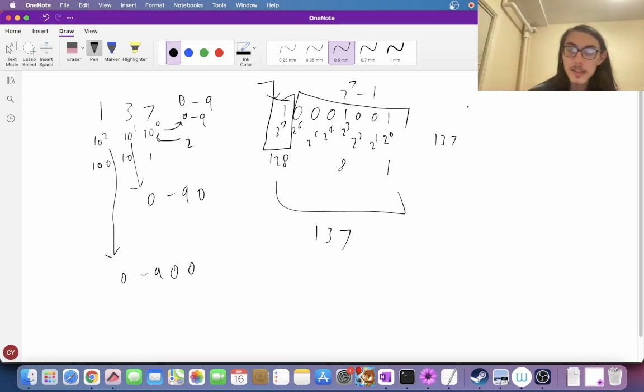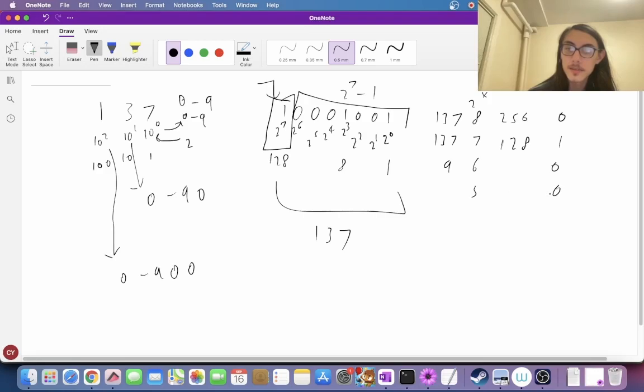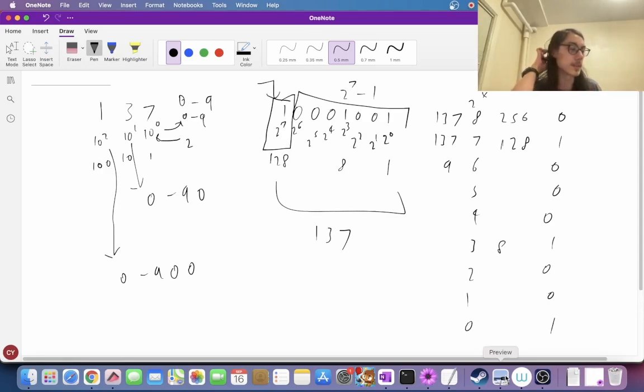So we look at, for example, 2 to the 8th, which is 256, which is too high, so this is a 0. If we look at 2 to the 7th, it's 128, which does fit. So now we have a 1. Now we're left with 9. So 2 to the 6 doesn't fit. 2 to the 5 doesn't fit. I'll skip some stuff. 2 to the 4 doesn't fit. 2 to the 3rd is 8, so that does fit. You get the point. That's how we convert to binary.